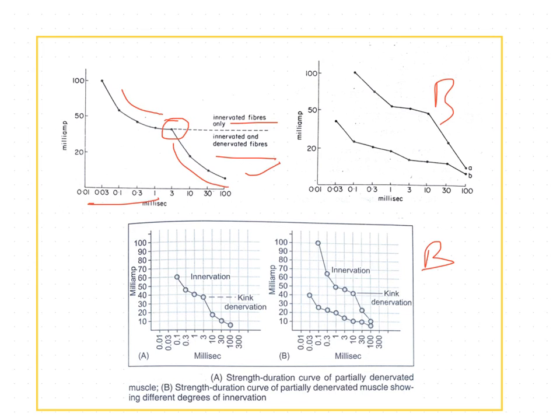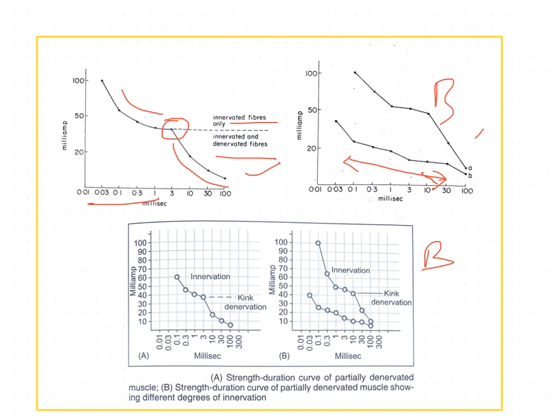Here you can find the picture in B. This is the strength duration curve of partially denervated muscle showing different degrees of innervation. If the majority of the fibers are innervated, the curve is lower and flatter and bears a closer relation to that of full innervation.